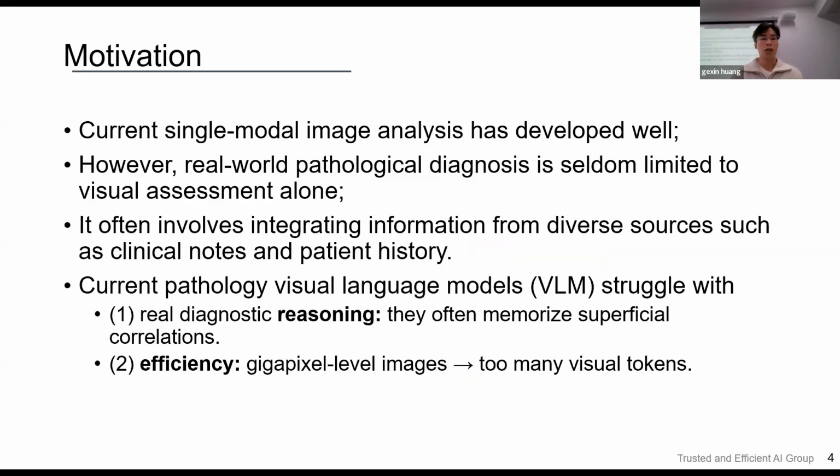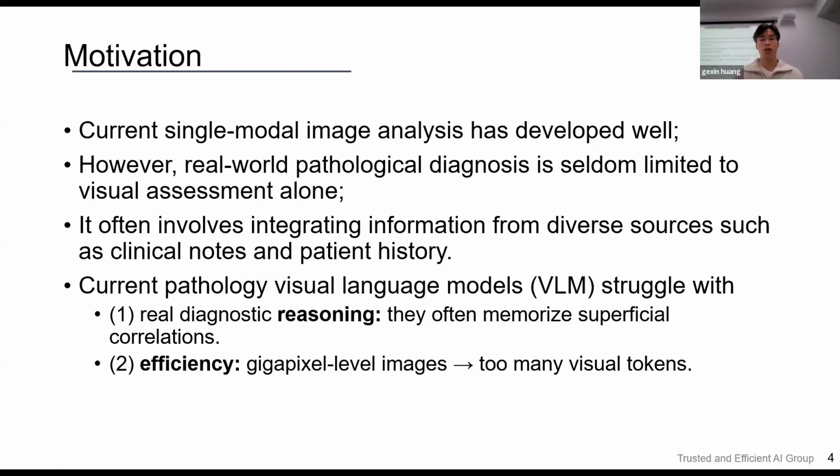However, real-world pathological diagnosis is seldom limited to visual assessment alone, and it often involves integrating information from diverse sources, such as clinical notes, patient history, textbooks, and other modalities.